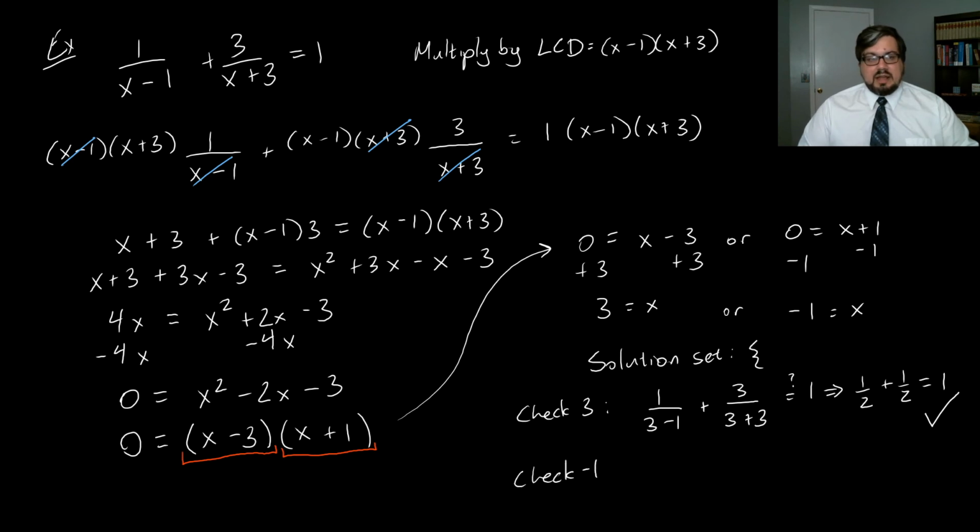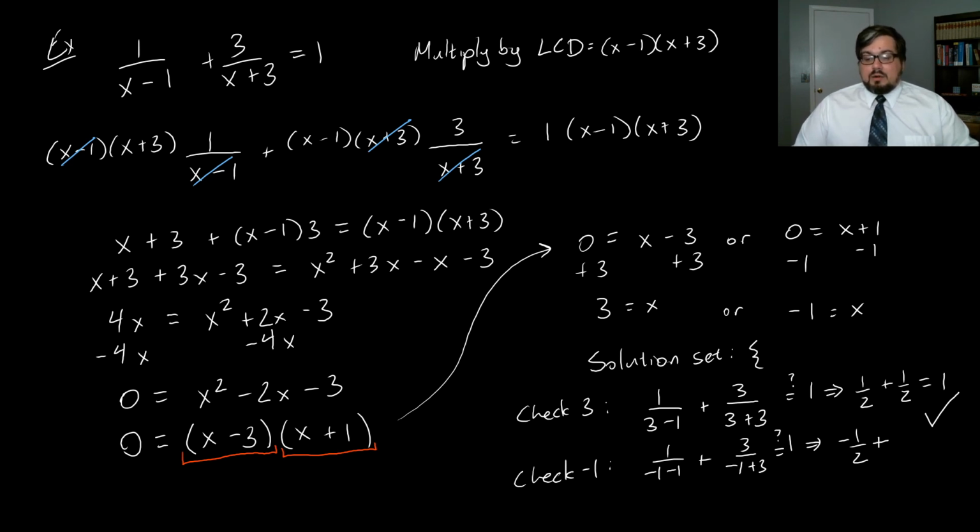Let's check -1. We'll have 1 over -1 minus 1 plus 3 over -1 plus 3, and does that equal 1? Well, 1 over -1 minus 1 would be 1 over -2, which is -1/2.